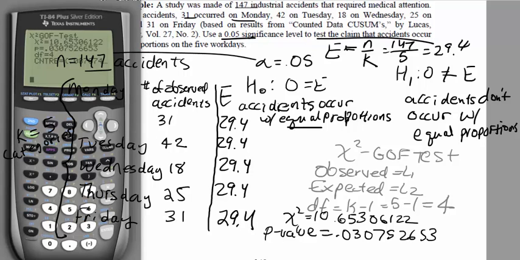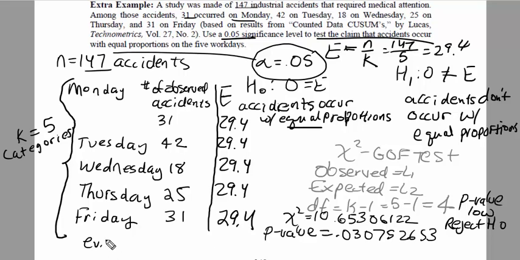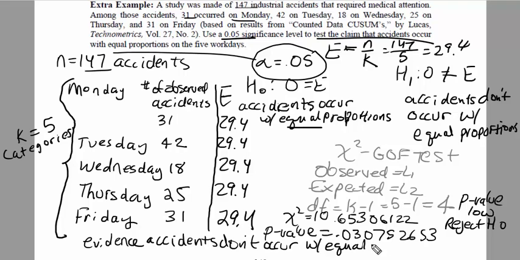And then I just have to think to myself, is that p-value high or low? Well, that p-value is less than the alpha of 0.05, so the p-value is low, so I'm going to reject H0, and that means that there's evidence that the accidents do not occur with equal proportions.